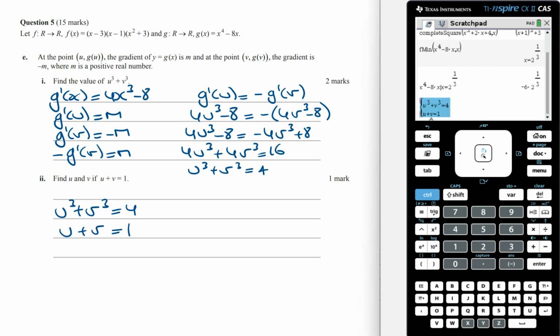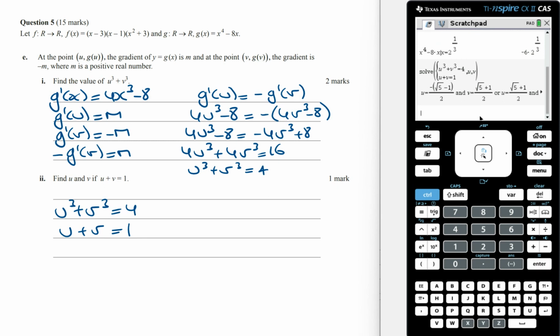And now solving for v and u, we get two sets of solutions, but we need to be careful here and test which set of solutions is going to be the correct one.